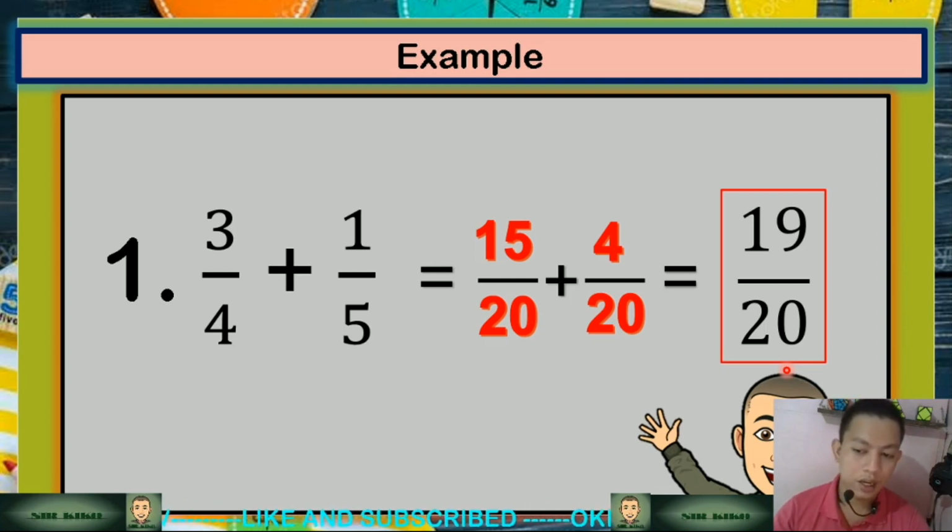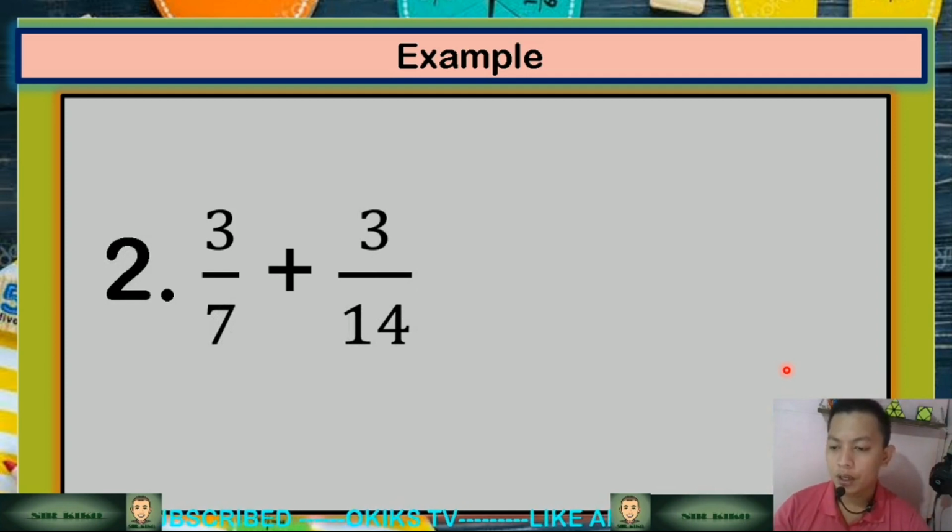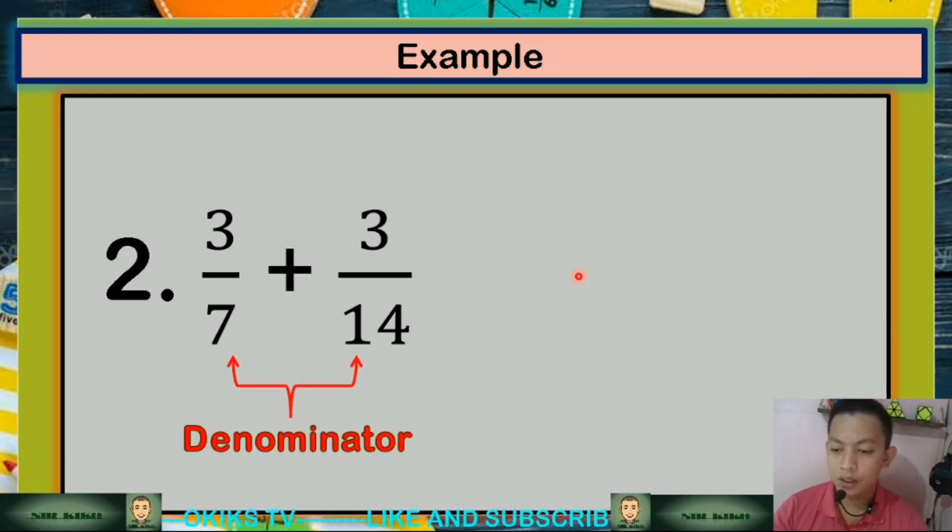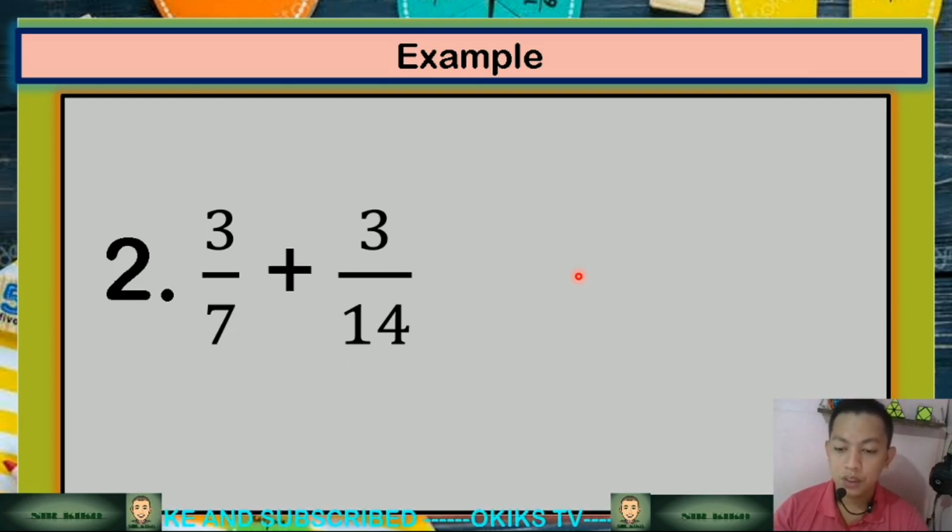Okay, let's try another example to make it clear to our mind. Next we have 3/7 plus 3/14. Again, take a look at the denominators. The denominators are different, so this would be a dissimilar fraction.